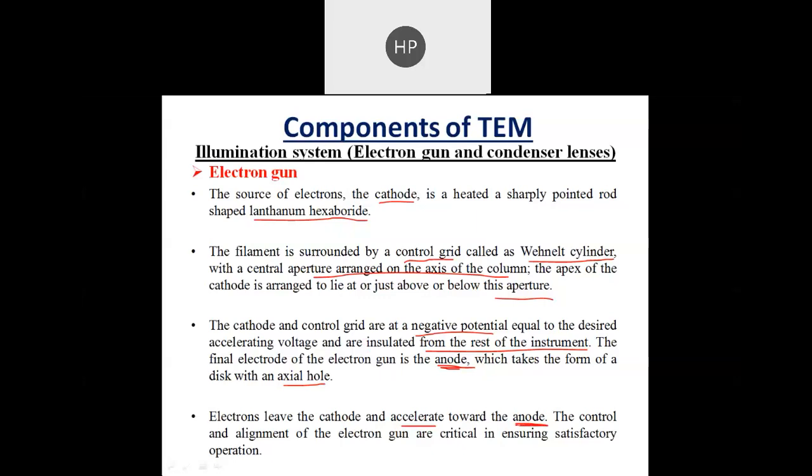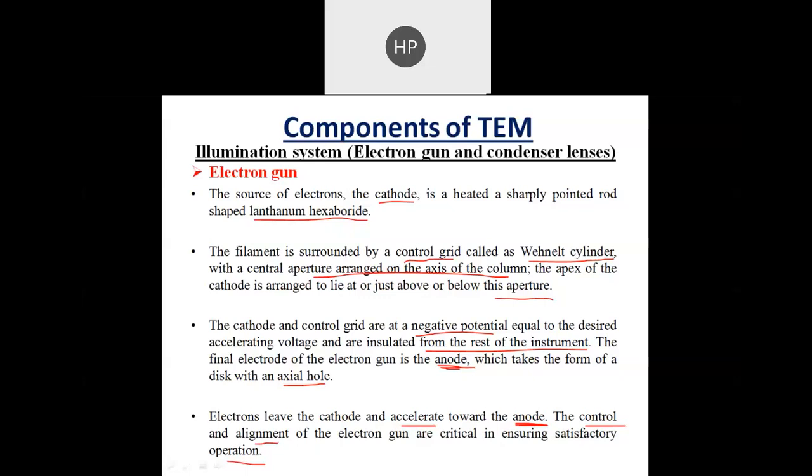So the speed of the electrons will be increased, and the control and alignment of the electron gun are critical in ensuring satisfactory operation. It is very important to control the acceleration and the focus of the electrons, and for that we require proper control and alignment of the electron gun.